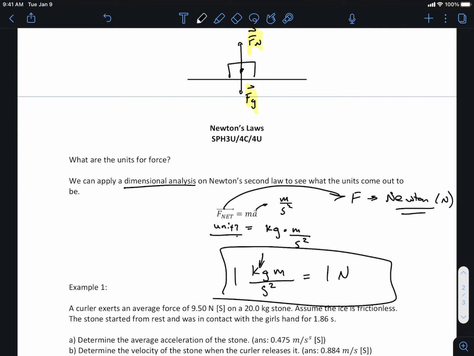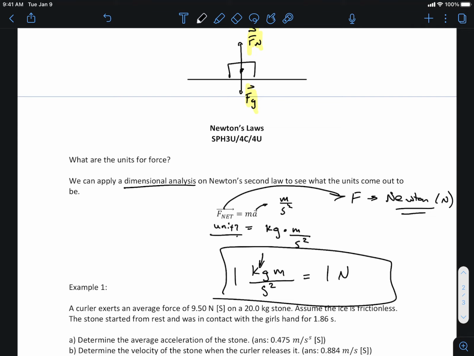There were a couple of times I came up in university, right? If you don't have a clear understanding of where something like a newton came from, they like to throw these weird units into answers and you're like, I don't know what that is. You might not always know what it is, but you can apply dimensional analysis based on some of the equations that you know. We know that force is measured in newtons from this morning.